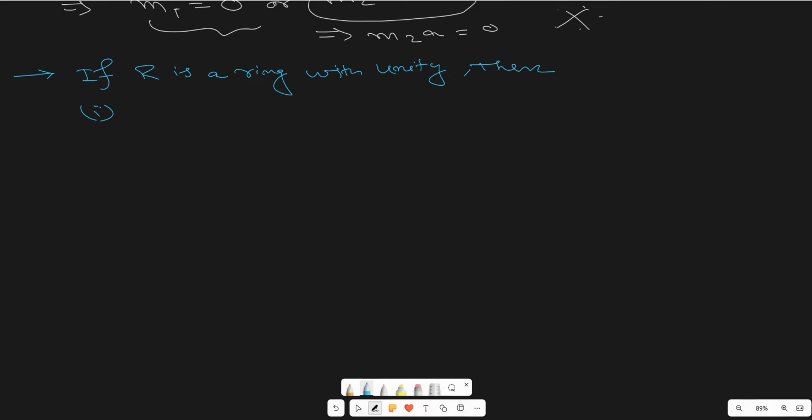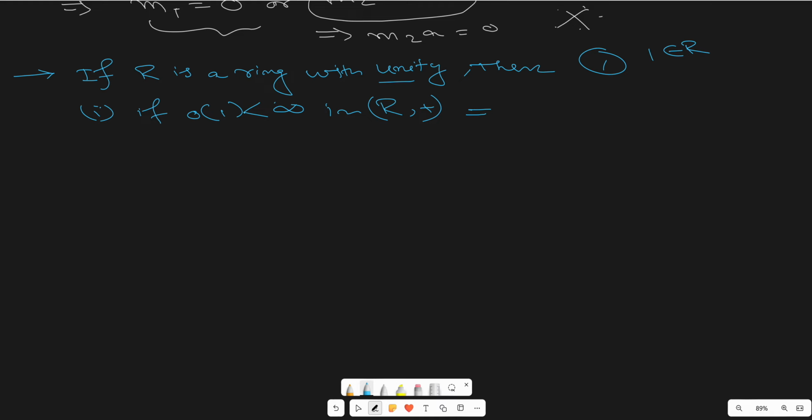Ring with unity means there is a 1, right? That means if I can say the order of 1 is less than infinity in the group R plus, R plus should be a group, so I can talk about the order of 1. 1 is an element inside R because R is a ring with unity, and since R plus is a group, I can talk about the order of 1 in the group R plus.